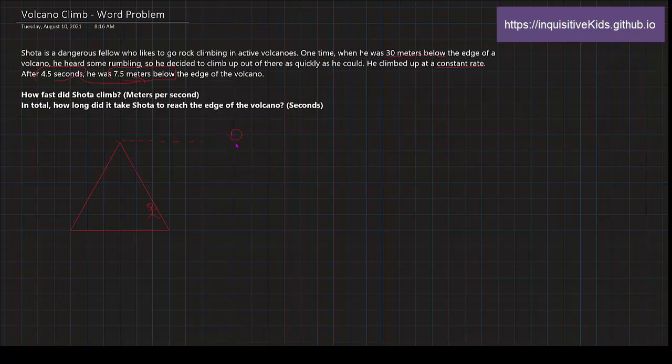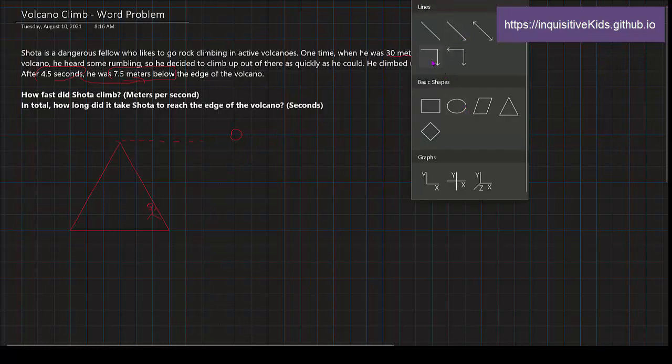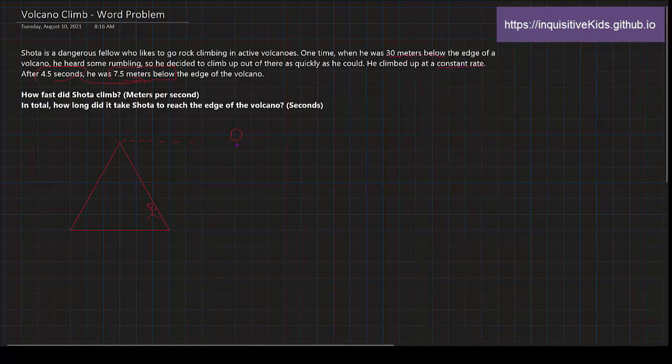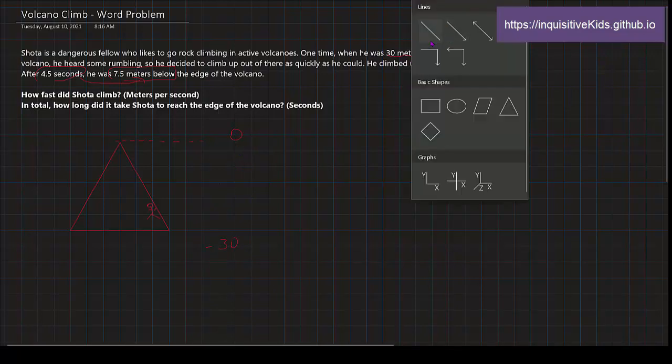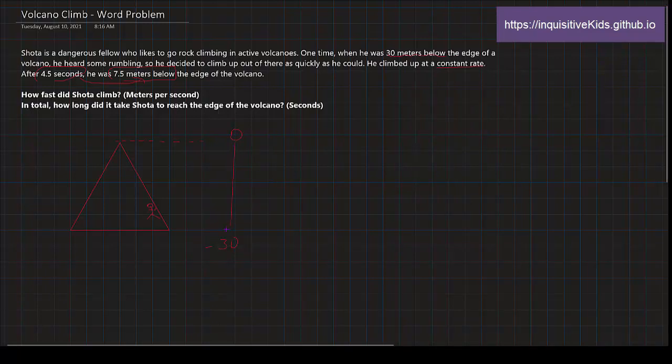So that's 0. How can we show this? If we know that the edge of the volcano is 0, then he starts at negative 30 because he was 30 meters below. I'm going to draw a quick line to connect those two values.